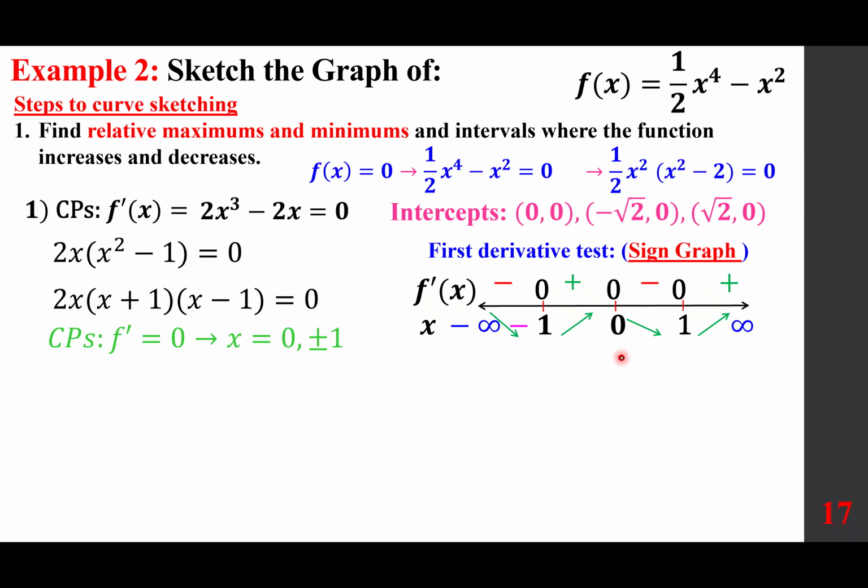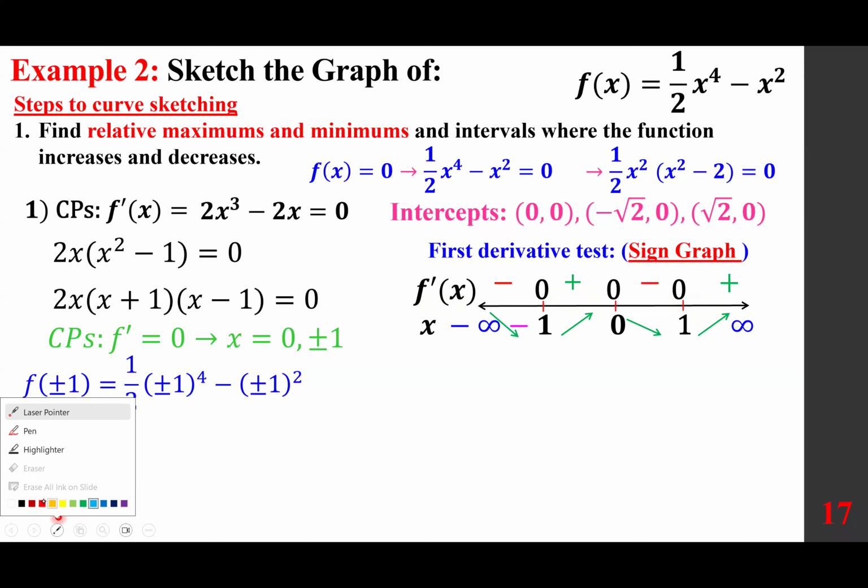So I'm going to find the local min. That means I'm going to put negative 1 and 1 into the original function. And because the original function is an even function, positive and negative result in the same thing. So as you can see, this is 1 and therefore 1/2. This is 1, therefore minus 1, and it's negative 1/2.